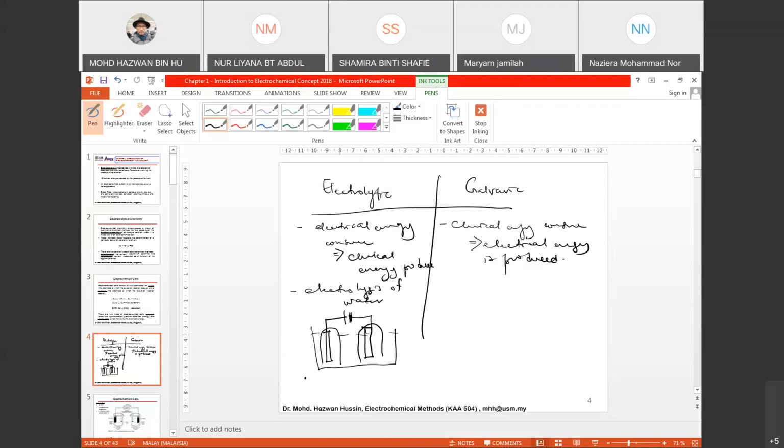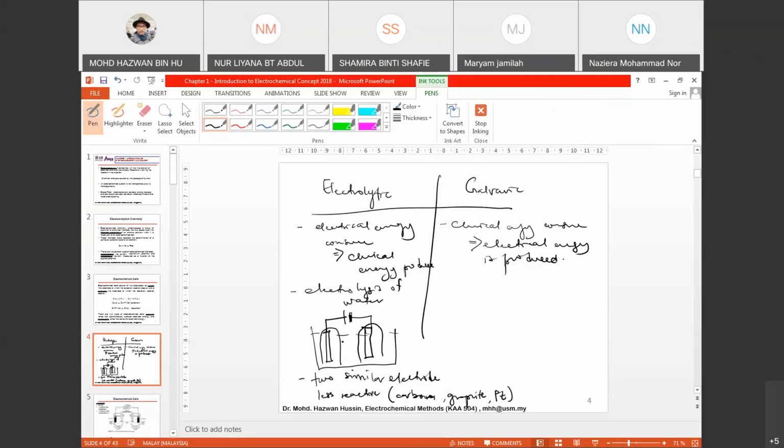And I forgot to tell you, an electrolytic cell uses two similar electrodes, and of course less reactive, for example carbon, graphite, platinum, and so on. Okay, all right.